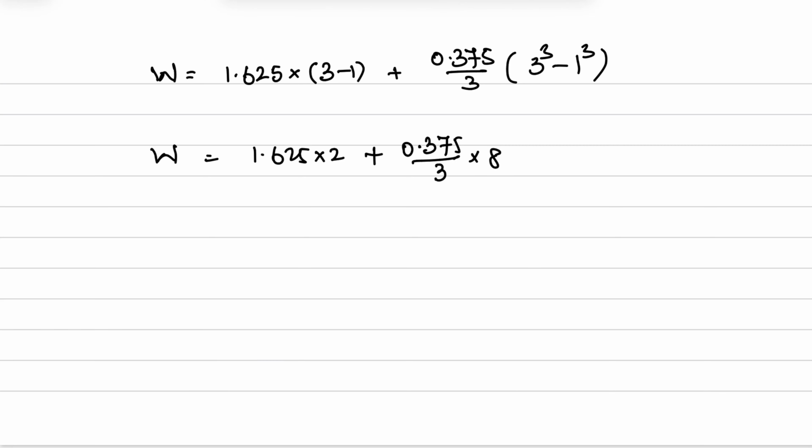How much will it be? Just calculate. Without a calculator we can do it. 1.625 into 2 is 3.25.